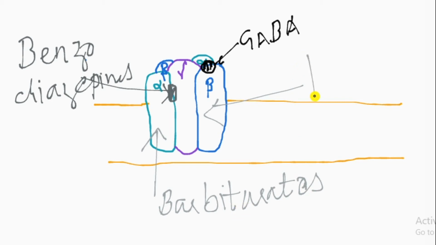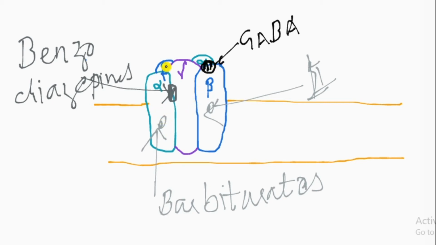These are the binding sites. So when benzodiazepines or barbiturates bind here, they do not bind with the binding site of the GABA.